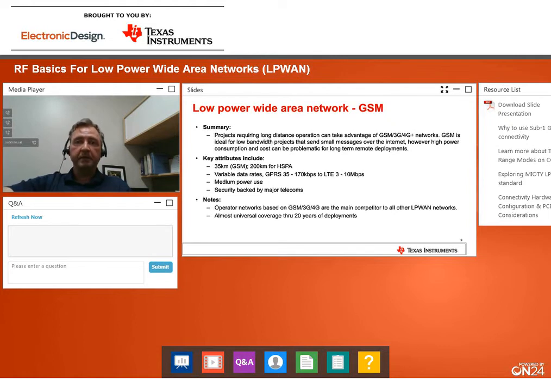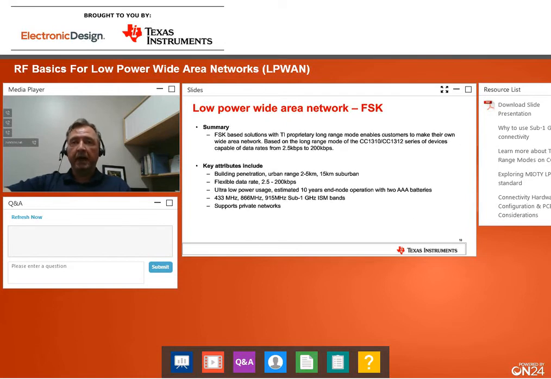The chip cost is high, the licensing is high, the monthly subscriptions are high, but it does work very well. It supports various different data rates from somewhere in the low kilobits per second up into the megabits per second. But this is where our focus is at TI, really trying to come up with the best narrowband FSK system that can compete with the other technologies.